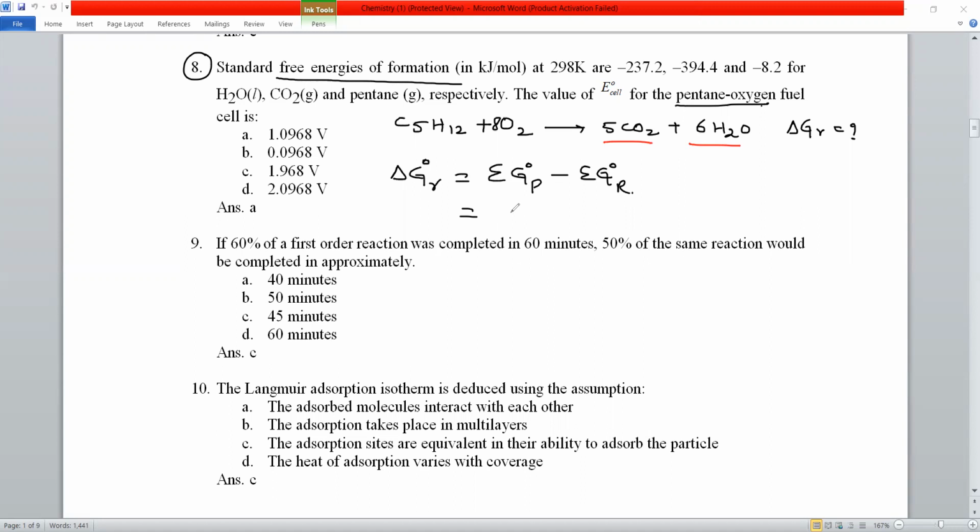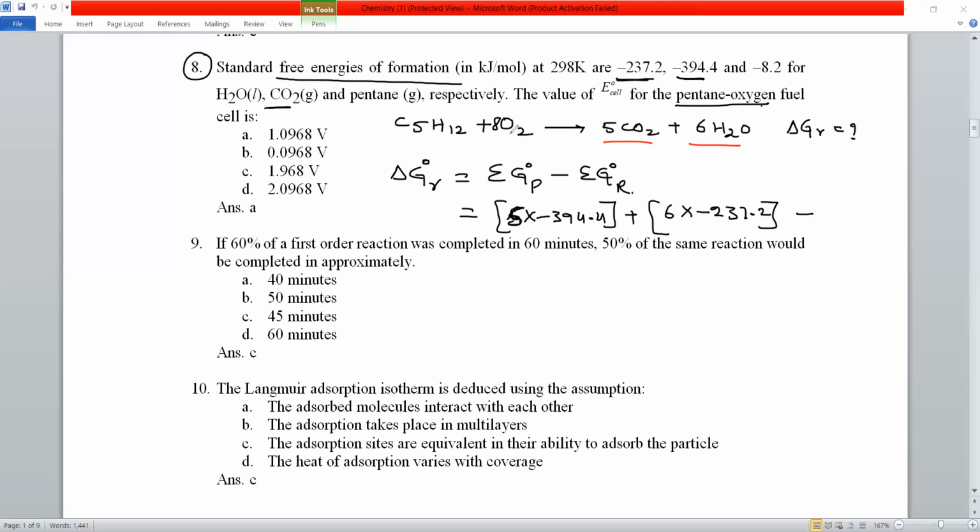Check here, students, the CO2 value they have given is minus 394.4, and sorry, this is 5 moles only of carbon dioxide, not 6 moles, 5 moles. And 6 moles of water. Water value, how much they have given? Water value is minus 237.2.